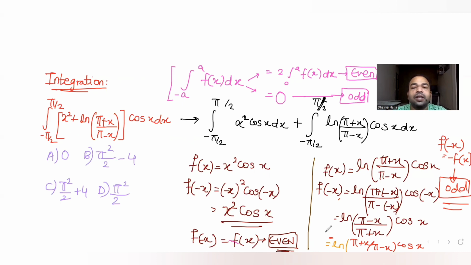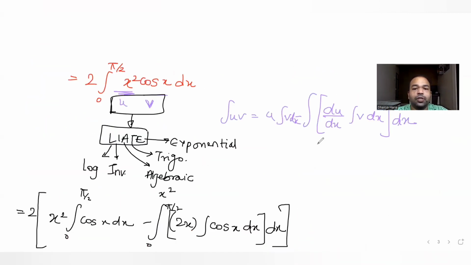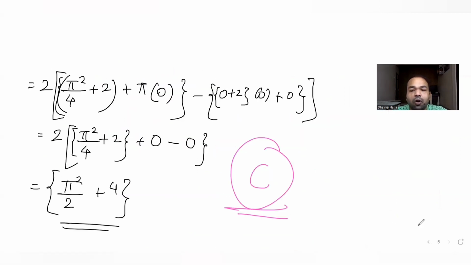If f of x is negative of f of minus x, then it becomes an odd function. If it is an odd function, the integral value turns out directly 0. If it is an even function, it becomes 2 times the limits from 0 to a. So then we just solve using the idea of integral. And when we used that idea, we got the answer there as pi squared by 4 after applying the limits.